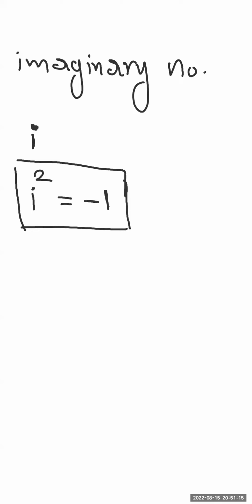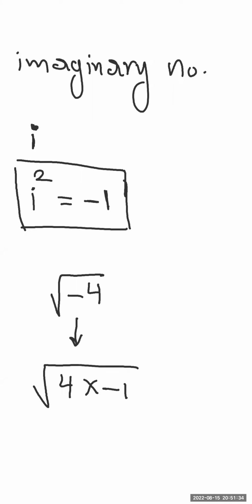Great. So this means now if I want to get the square root of a negative number, like the square root of -4, simply -4 means 4 times -1. Am I correct? Yes.